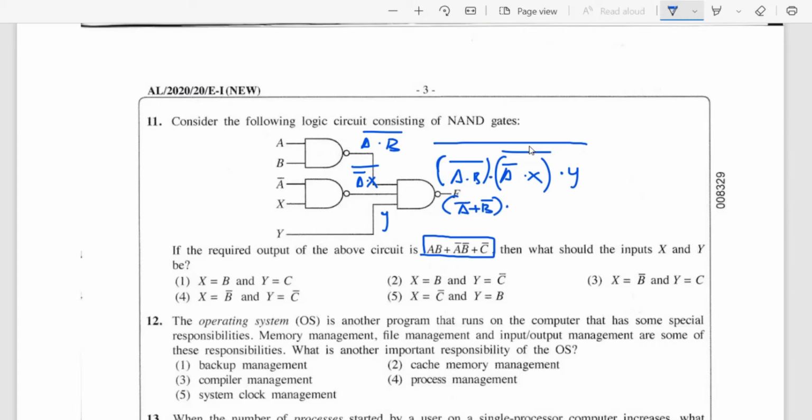After eliminating the whole bar, the A bar is also eliminated, so it will be A plus X bar. Then dot Y, and still we have the whole bar.